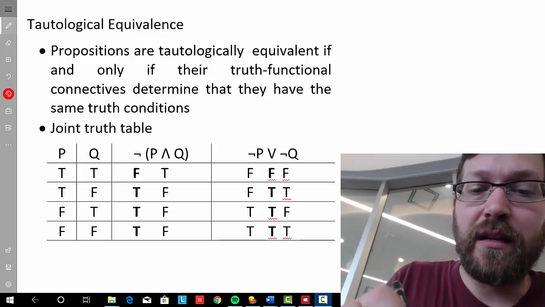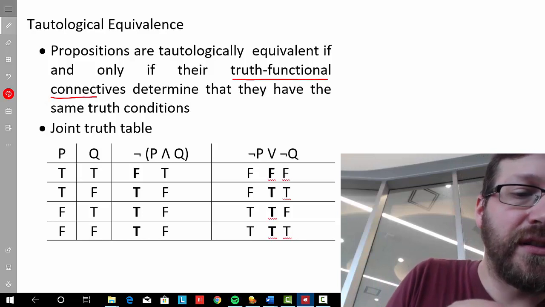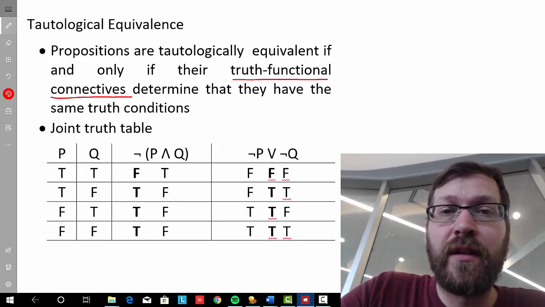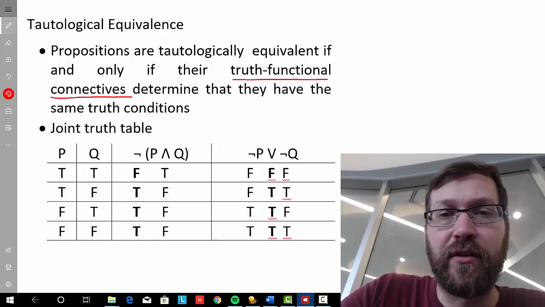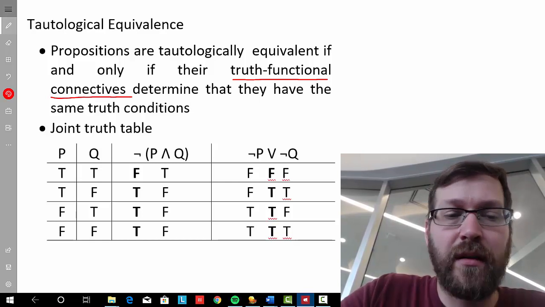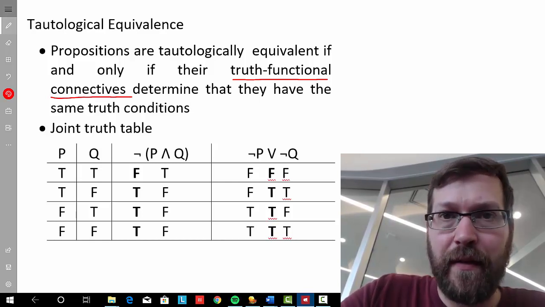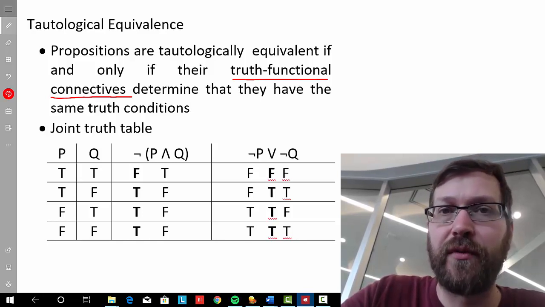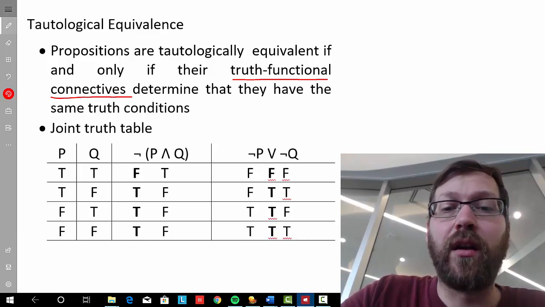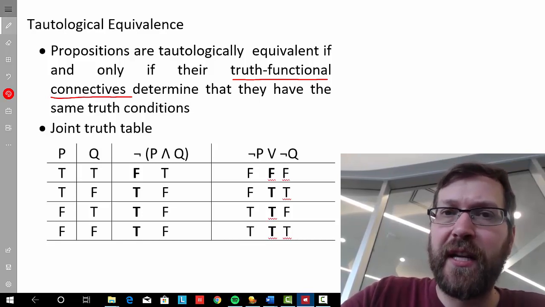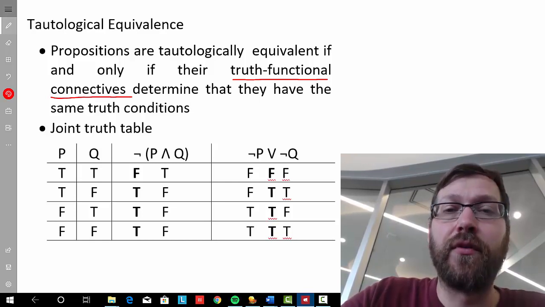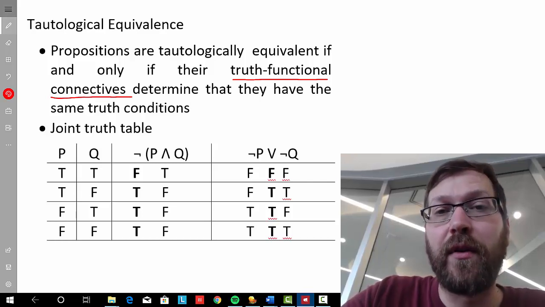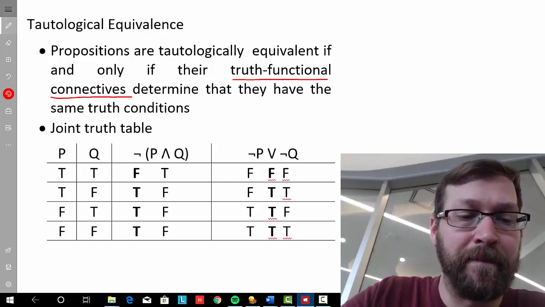So if the truth functional connectives, for instance, the ones we've seen so far, negation, conjunction, and disjunction, we'll see material conditional and biconditional in the future. But if the meaning of those by themselves forces the propositions to have the same truth conditions, then it's going to be tautologically equivalent. And since truth tables are only sensitive to the truth functional connectives, we can use truth tables as a means for evaluating whether propositions are tautologically equivalent.